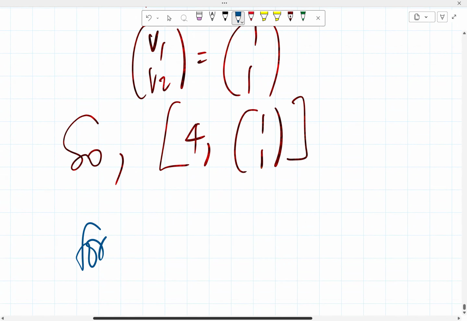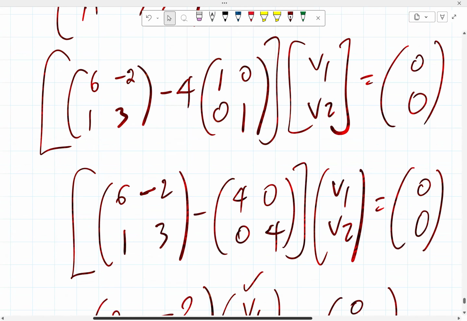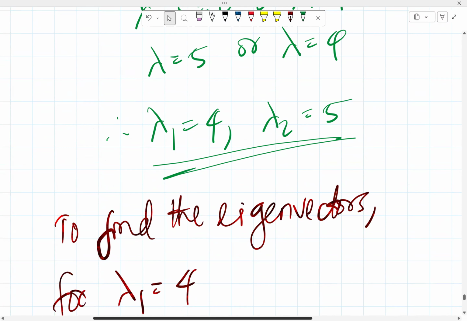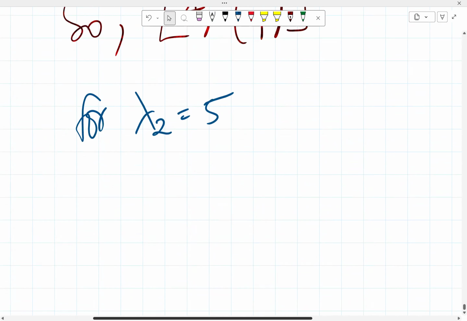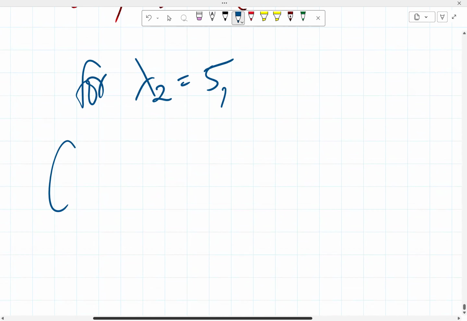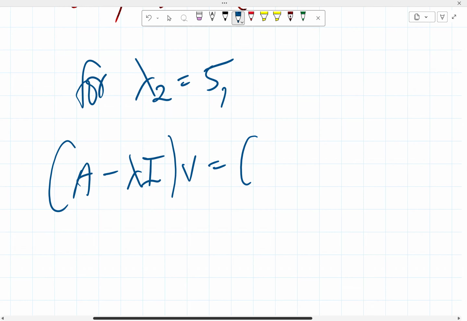So then we go again for the other one. For lambda 2, which is equal to 5. Remember, we got two lambdas: lambda 1 is 4, lambda 2 is 5. So for lambda 2, what do we do? Again, we have A minus lambda I, into v equal to 0.